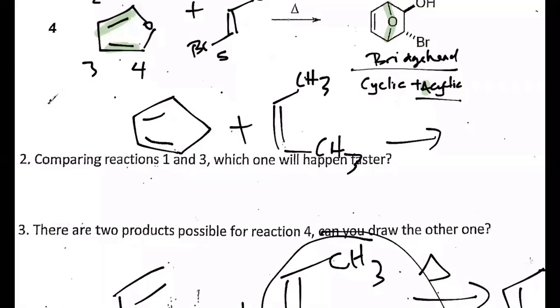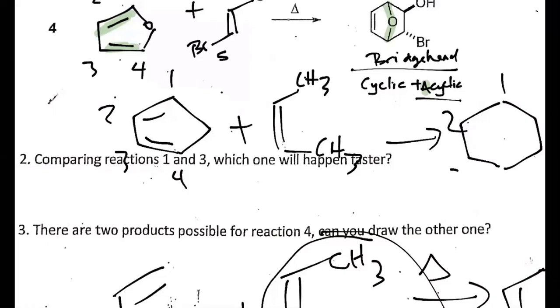It'll be cis. So it'll be a similar type system, right? You'll have a 6-member ring. This is 1, 2, 3, 4. And then between 1 and 4, obviously there's a carbon there, a bridge. Following?